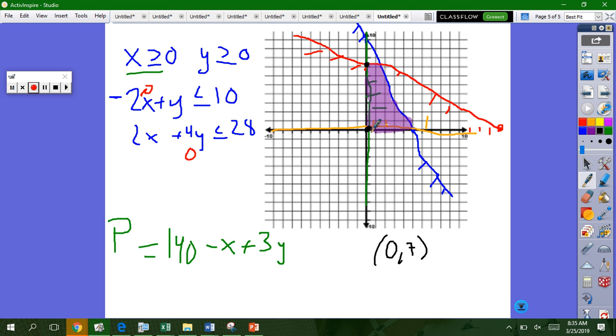What's that point? 0, 0, huh? Is everybody with me on that? Basically, I'm finding the coordinates of all these lines intersecting each other that bound the region that we shaded. Okay, what's this point right here? That was 5, 0, wasn't it?